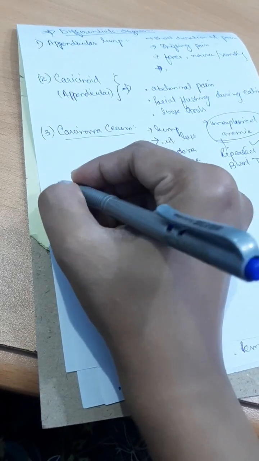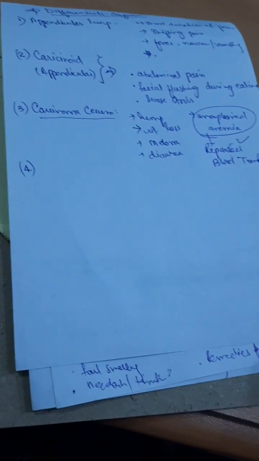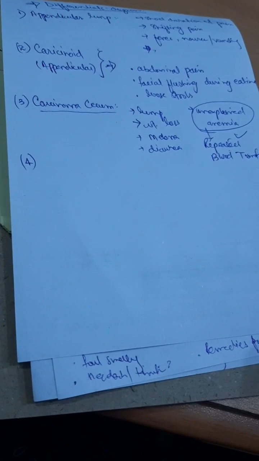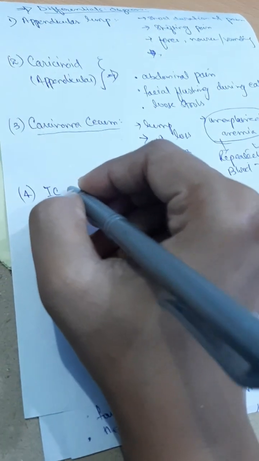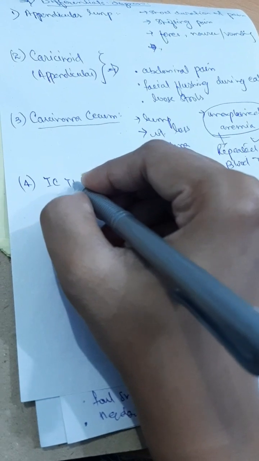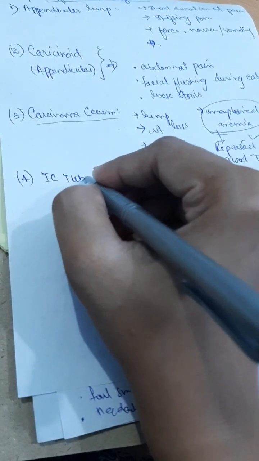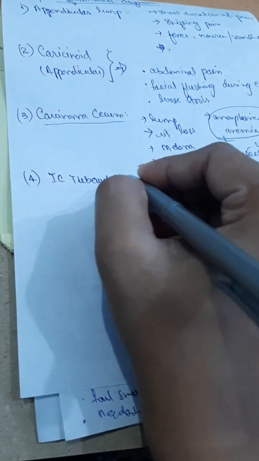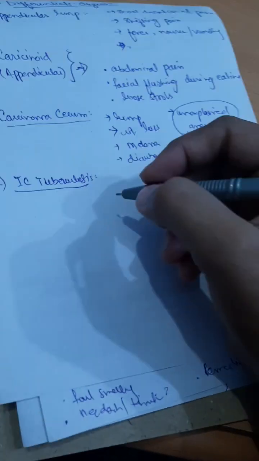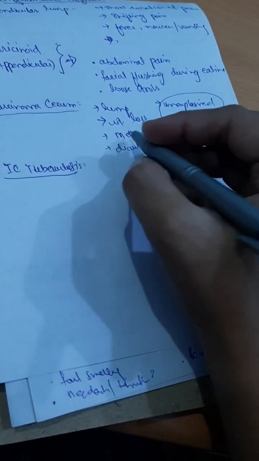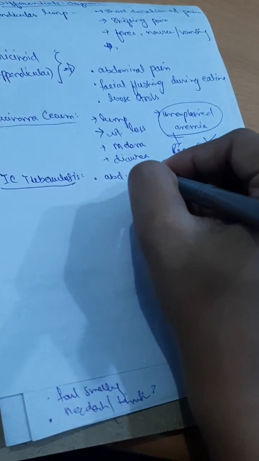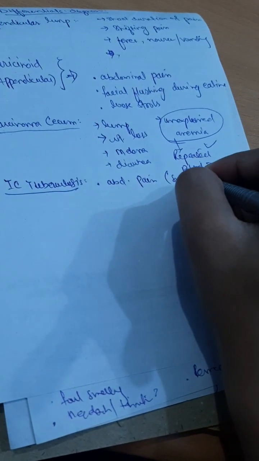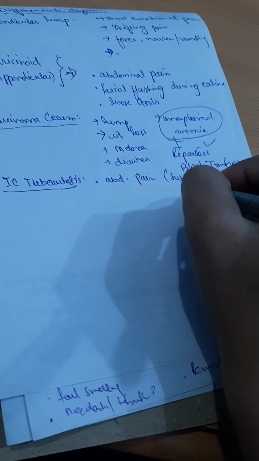Then, because the patient usually comes from underdeveloped countries, ileocecal TB is very prevalent in Asian countries. It's tuberculosis, ileocecal tuberculosis. So ask about the abdominal pain, which is because of the subacute obstruction.